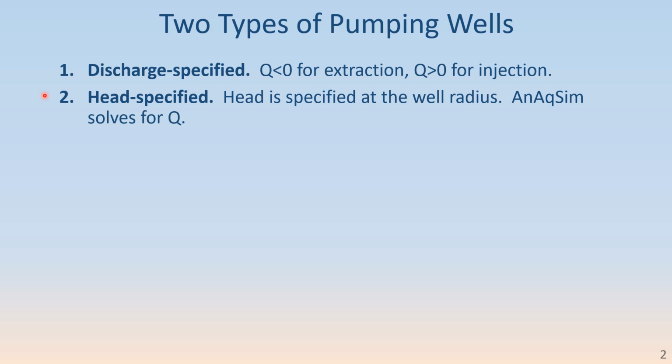And generally that is the radius to the formation outside of the well casing or outside of the very conductive sand backfill around the well screen. And for a head specified well, Anaqsim solves for the discharge.